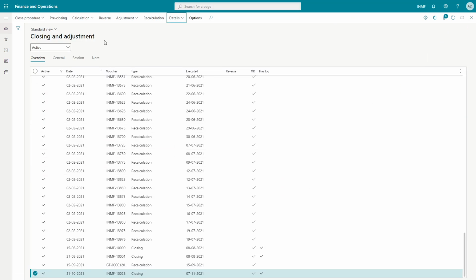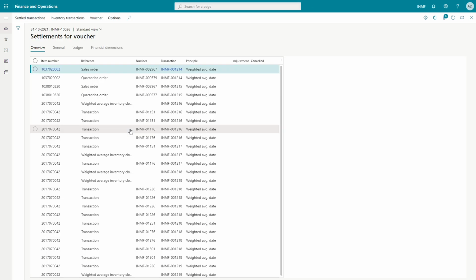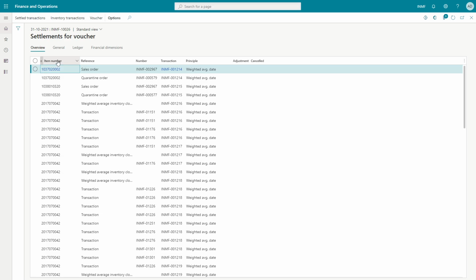Now let's see what settlements the system has posted. If you go to the settlement form, you will filter that particular item number.